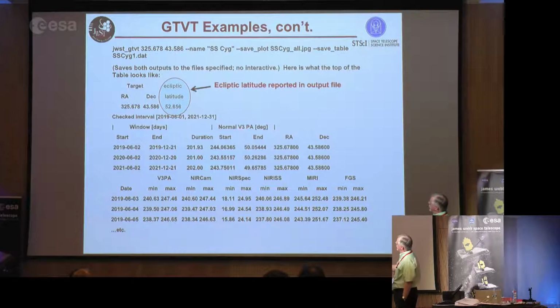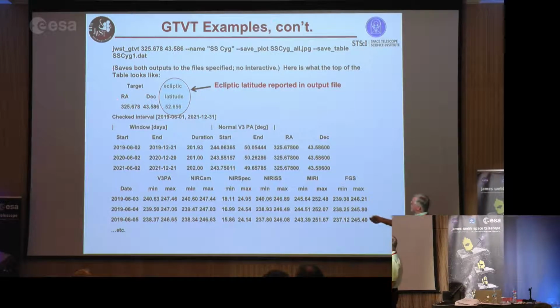At the top part here are the overall summaries of the windows that are available. So I actually ran this in default mode, and there were 3 visibility periods within the time period of interest here. It tells you the start and end date of each of those, the duration of it, so a 200-day window for this target because it's above 45 degrees.